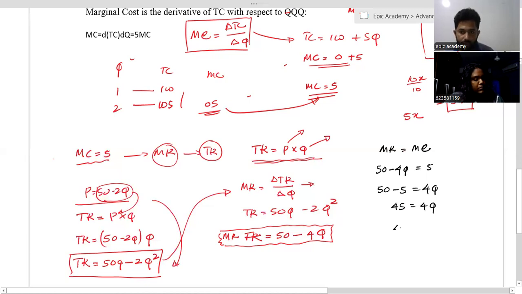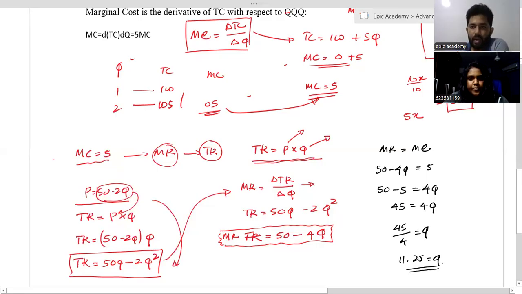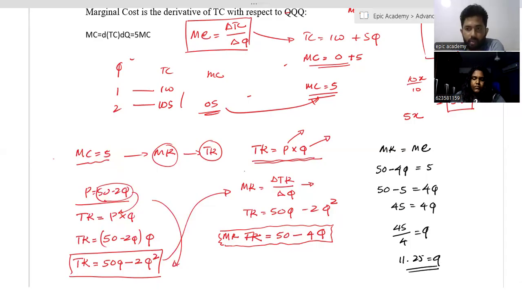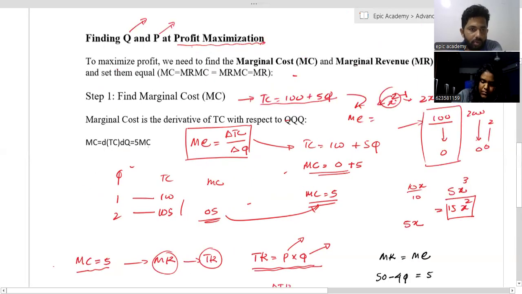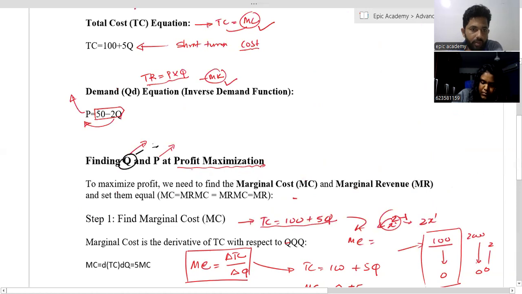And then 45 divided by 4 must equal Q. 45 divided by 4 becomes 11.25. So Q is 11.25. This is the production quantity or selling quantity of this particular production process. Okay, we got this Q.